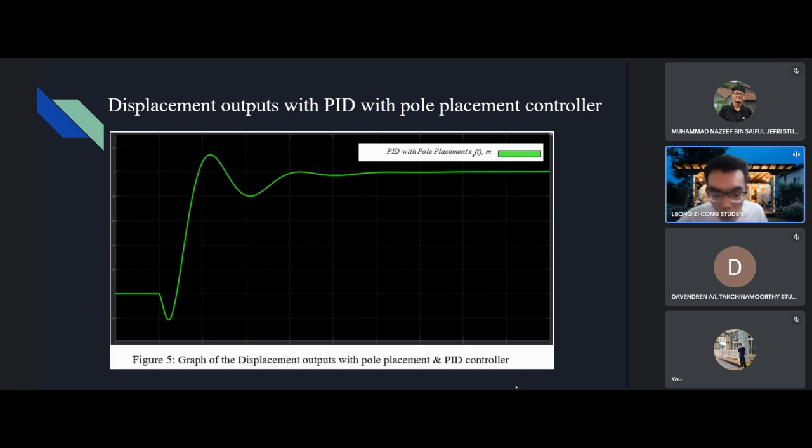Based on the data we obtained, the settling time is about 3.2 seconds, and the percentage overshoot is about 14.189%. So for displacement output, we can see that the PID already fulfills our design scenario.